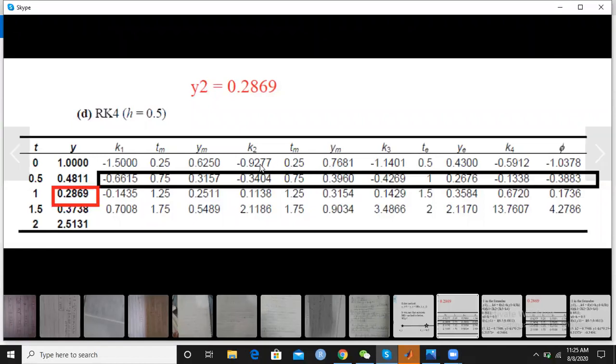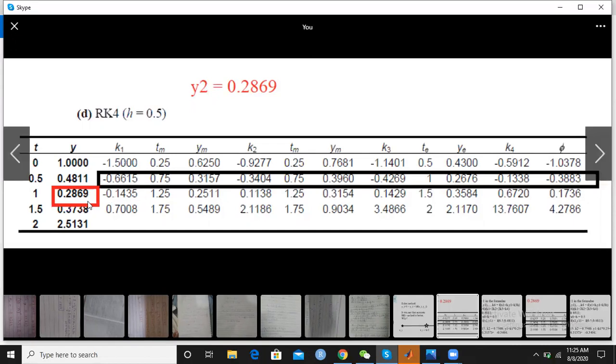Similarly, I have obtained K2, I have obtained K3, and then K4. And with the help of these Ks, I have obtained Y1. With the help of X1, Y1, and then the new Ks, I can obtain Y2. All right, so you will refresh your input values, input data, and go for the next value.